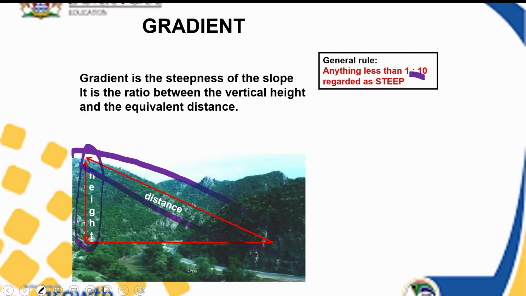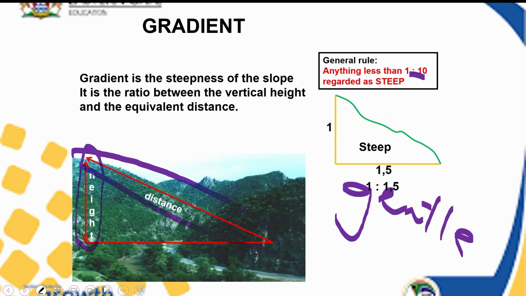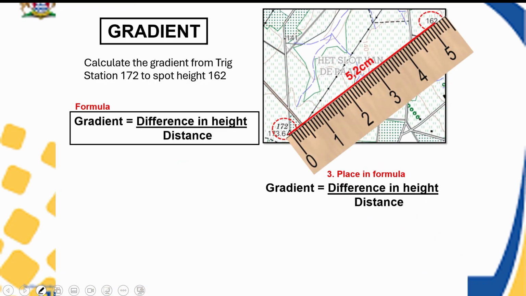Secondly, if the answer in ratio form is more than 10, 1:11 for example, it means that the slope is gentle. So that is the difference in terms of the gradient when we are measuring it. It is steep at 1:1.5, and it is gentle at 1:20. I hope you understand.